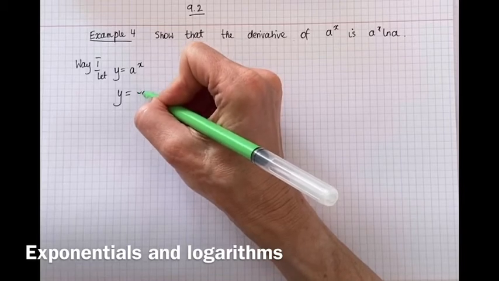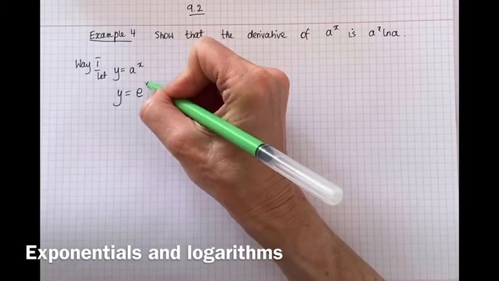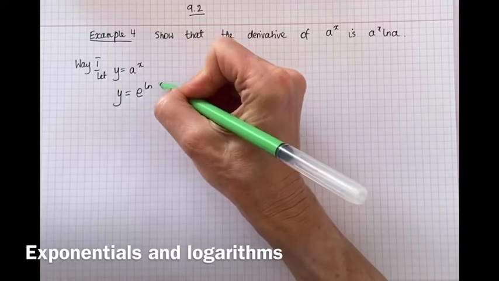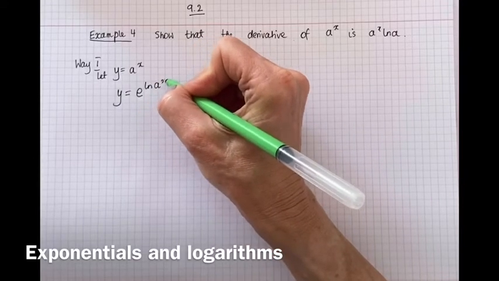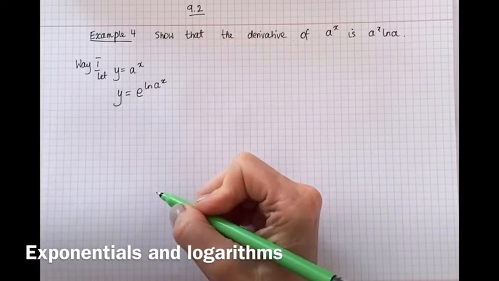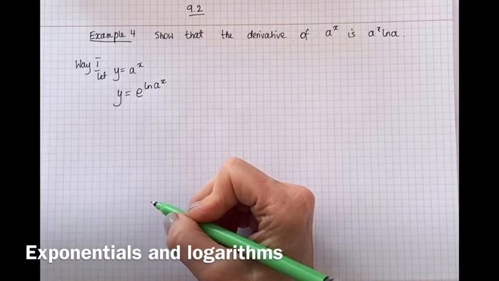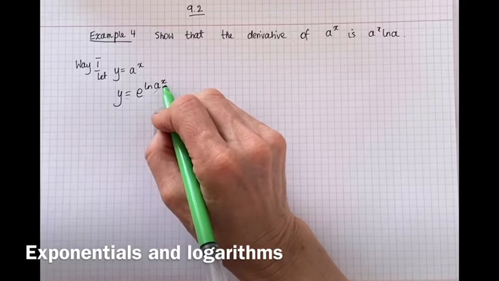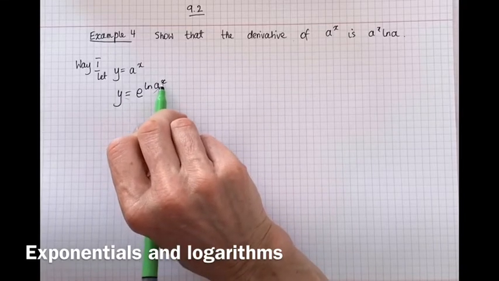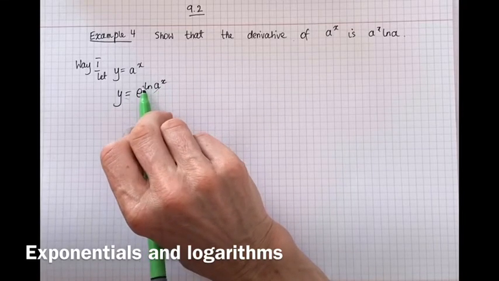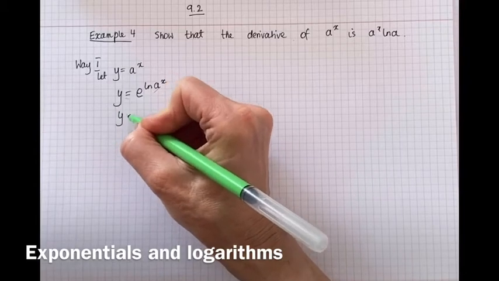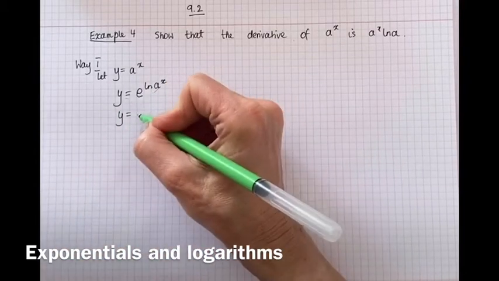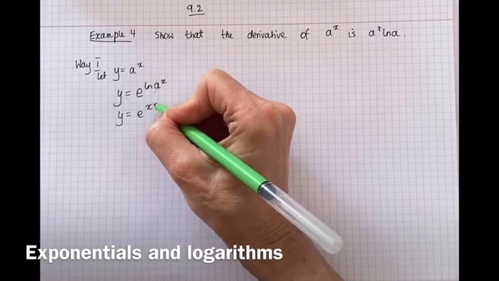If I want to write it with e, you can write it as e to the power of ln a, all to the power of x. Then you use the power rule for logarithms, so x can be brought down, and this can be written as y equals e to the power of x ln a.